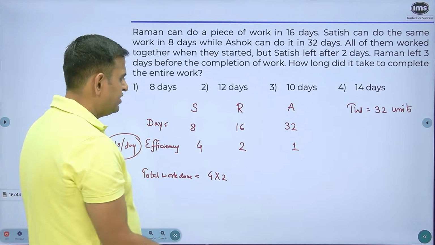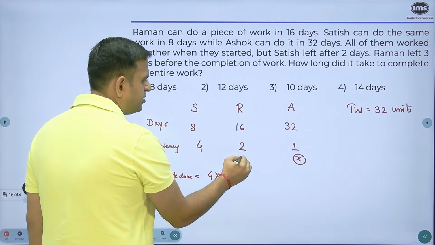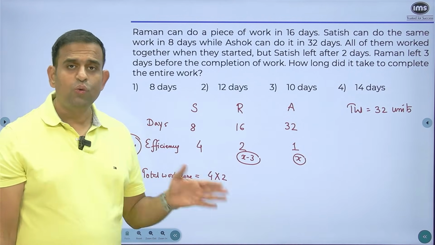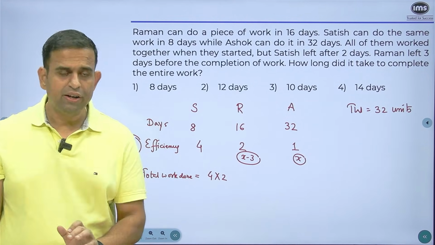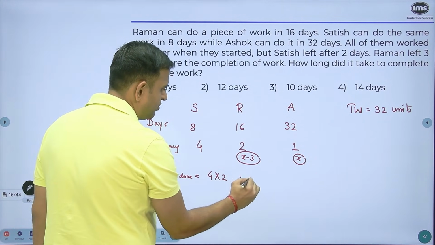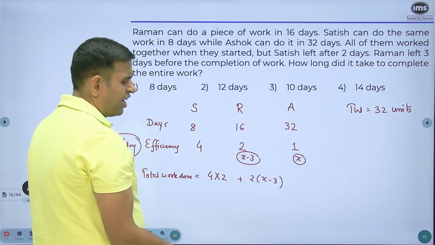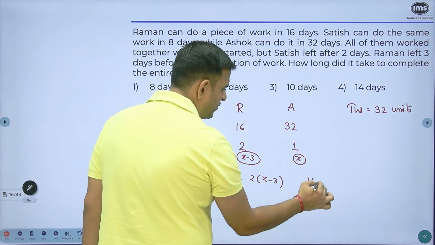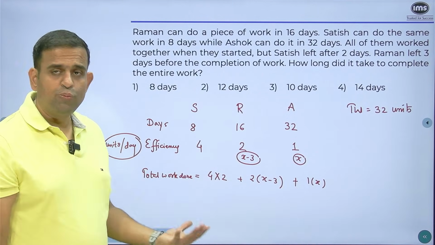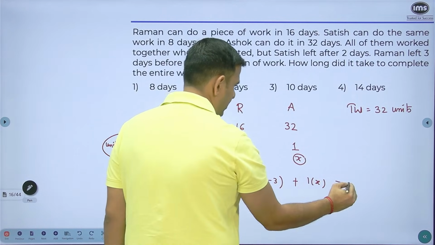So for example, if I say Ashok has worked for X number of days, then Raman must have worked for X minus 3 days. But the person Ashok was there from the start till the very end. So the amount of work done by Raman must be 2 times X minus 3. The amount of work done by Ashok must be equal to 1 times X. And the total work done by Satish, Raman and Ashok put together must be equal to 32.